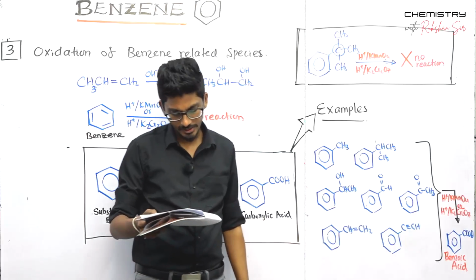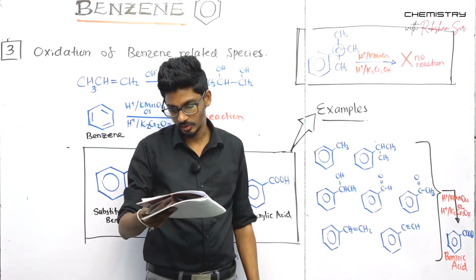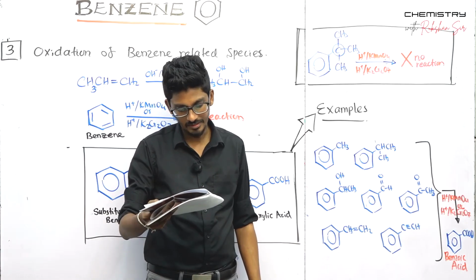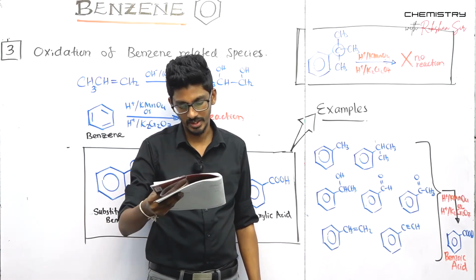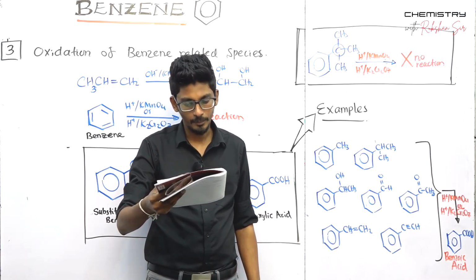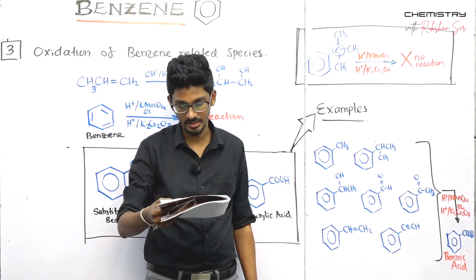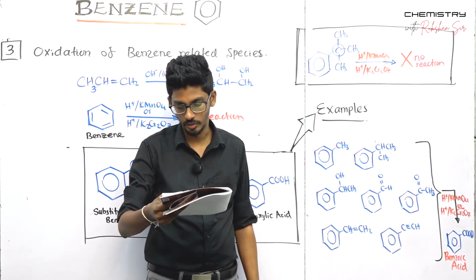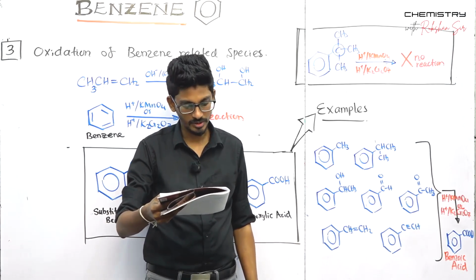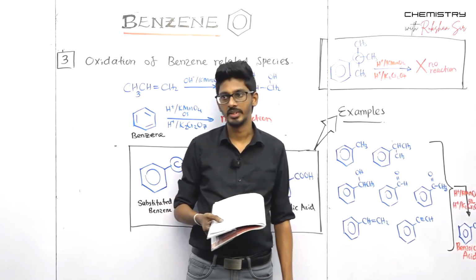More vigorous conditions under which tertiary alkyl groups get oxidized also result in cleavage of the benzene ring. Just correct that thing. At the final point, it should be: more vigorous conditions under which tertiary alkyl groups get oxidized also result in cleavage of benzene, right? That is the ultimate idea.